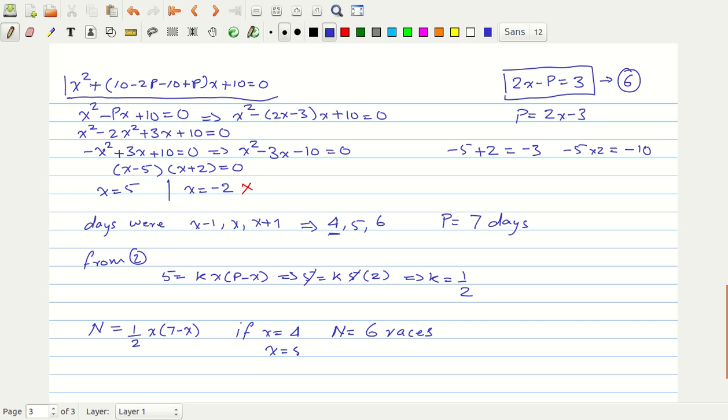X is equal to 5, you get 5 times 2 divided by 2. So, you get n is equal to 5 races, and if x is equal to 6, you get 6 times 1 divided by 2, n is equal to 3 races, and we have verified that this is the correct equation for the number of races indeed.